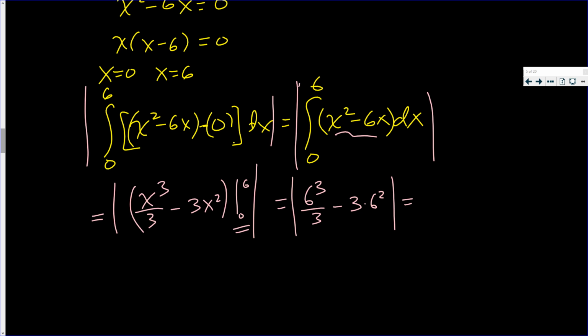So now, what I would do here is, I have 3 on the bottom, and I'm going to break off a 6. And here I have 3 times 6 squared. Well, that's going to be 2. So basically, I have 2 times 6 squared minus 3 times 6 squared.